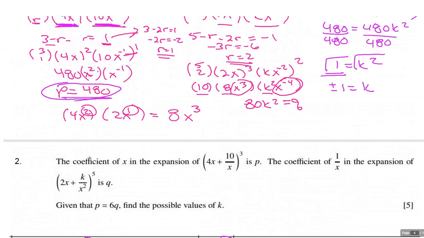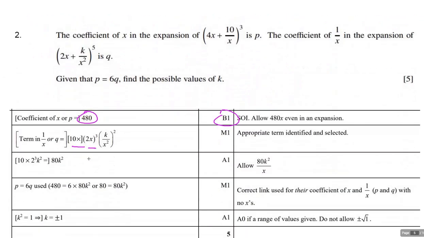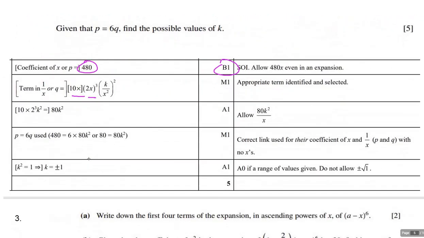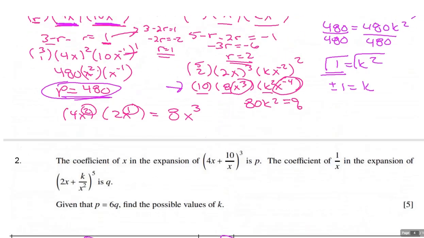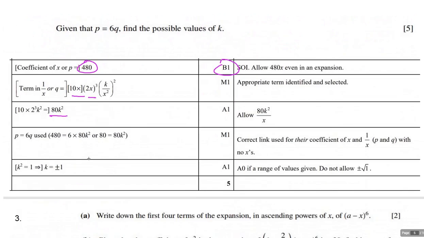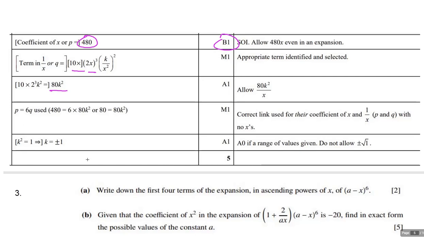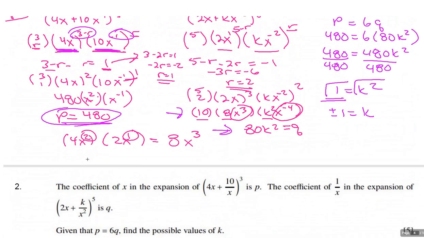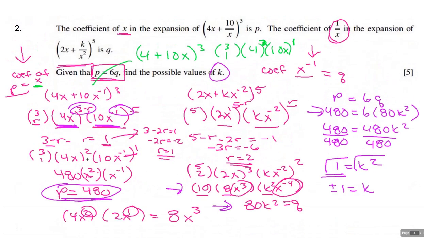So again, you can see where we did this multiplying here. That's this. We can get a method point for that. Then we get this 80k squared. We can get that point. And then the method here is to set up this equation. So if we set up this equation, we can get a method point.